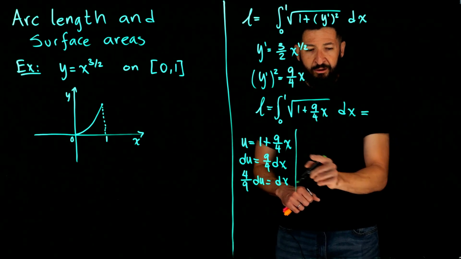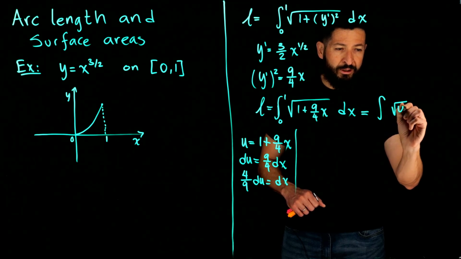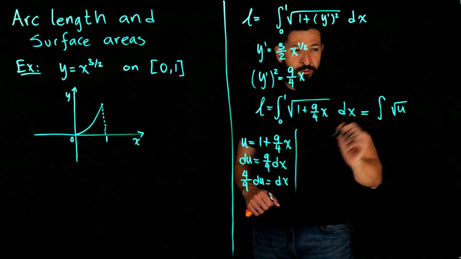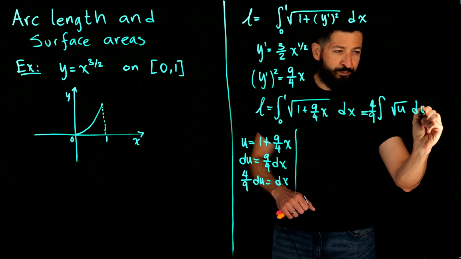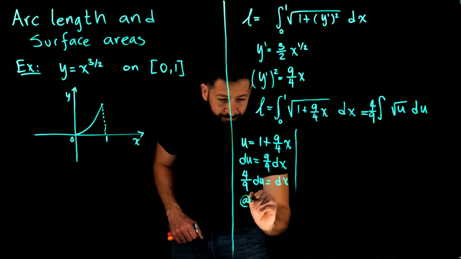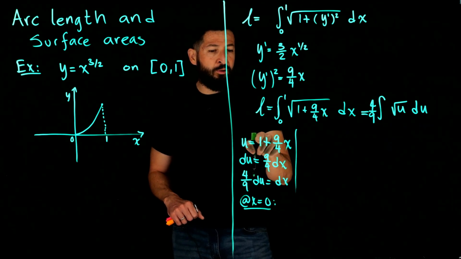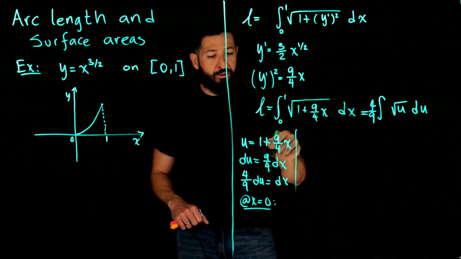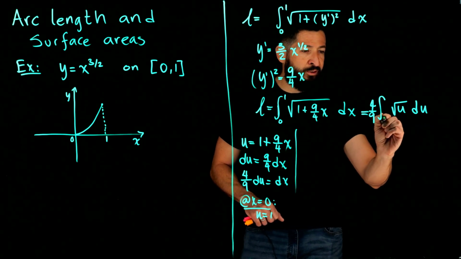And I get this integral. I'm going to do the endpoints in a second. Square root of u, and then instead of dx, 4/9 of du. Now we do need to do endpoints. At x equals 0, you get that u is going to be 1 plus 9/4 times 0, which is 1. So this endpoint turns into a 1.